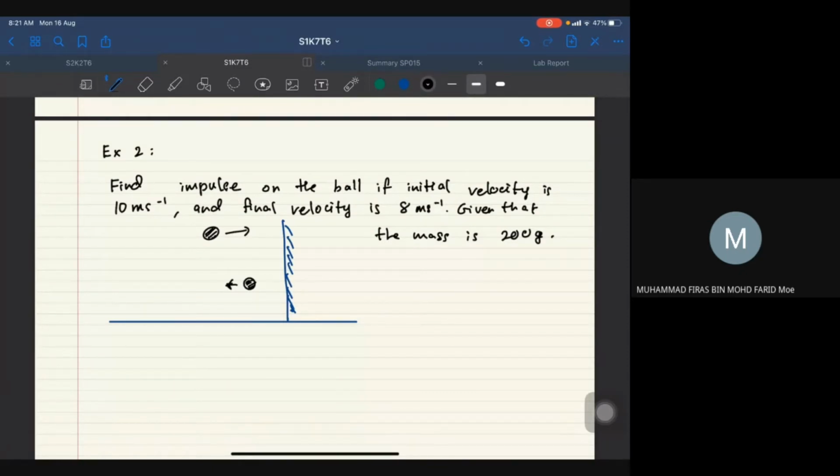Hopefully you can understand my writing. Find the impulse on the ball if initial velocity is 10 meter per second and the final velocity is equals to 8 meter per second, given that the mass is 200 gram. Okay, let's say this is question A.